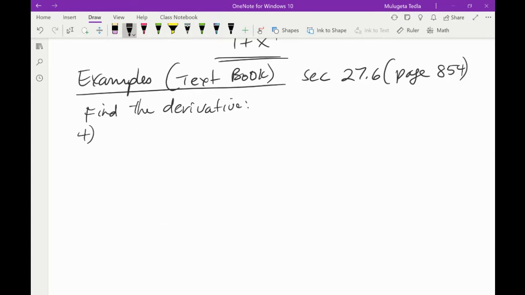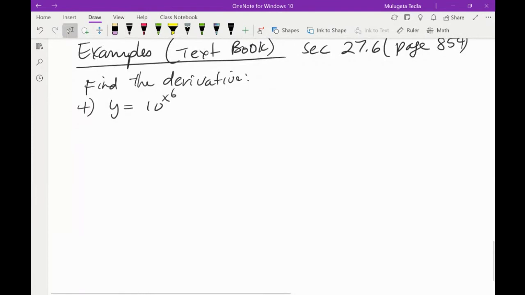Number 4: y equal to 10 to the power of x to the 6. Of course this base is not e, so it has that ln factor. So copy.